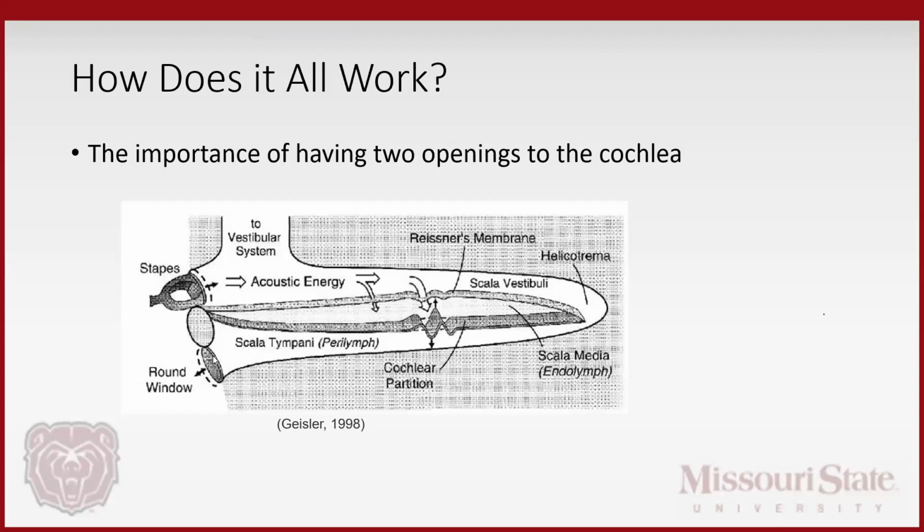With that being said, something to keep in mind: if we have a situation where we have a third window inside the inner ear, like for example with superior semicircular canal dehiscence, and now we have another potentially easier path for the fluid to move to, because of the presence of a window by the superior semicircular canal, that energy is not going to go all the way down. It's going to leak to the vestibular system, and we're going to end up seeing a little bit of a hearing loss.